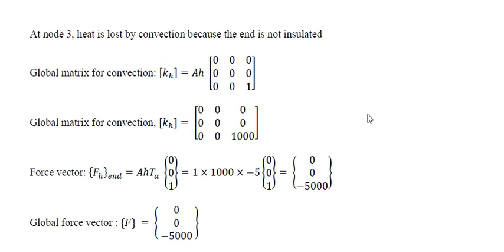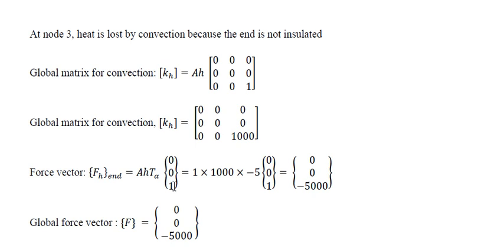Here, the condition for the force vector is end convection. Therefore, the force vector for end convection is with T infinity, or T alpha, which means the surrounding temperature.